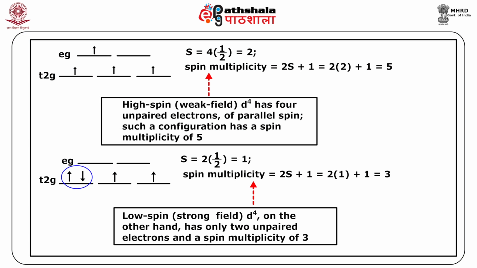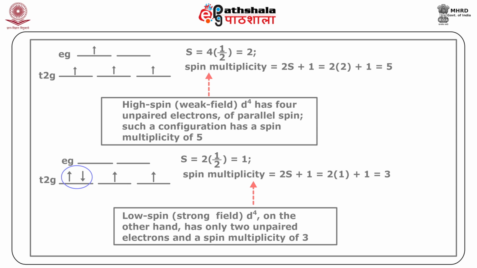Both the cases are represented in the figure. High spin weak field d4 configuration has 4 unpaired electrons of parallel spin. In this case, the spin multiplicity comes out to be 5. In the other case, the low spin strong field d4 configuration leads to 2 unpaired electrons with a spin multiplicity of 3.